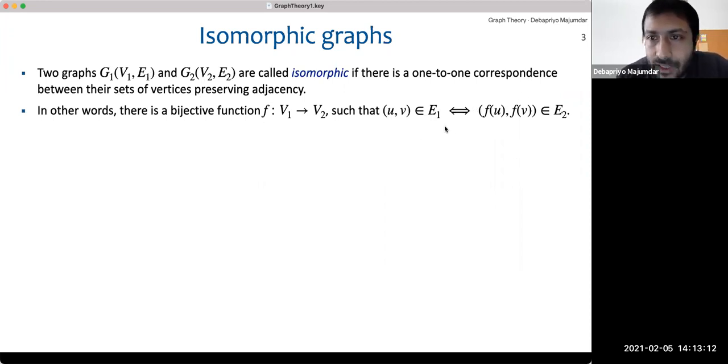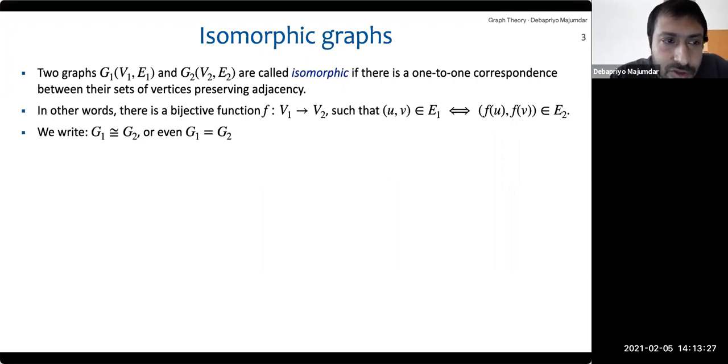So it's a bijective function, and uv is an edge in the first graph if and only if f(u) f(v) is also an edge in the second graph. All right. So we also write G1 congruent to G2 or G1 isomorphic to G2, or sometimes loosely we might simply say G1 equal to G2.